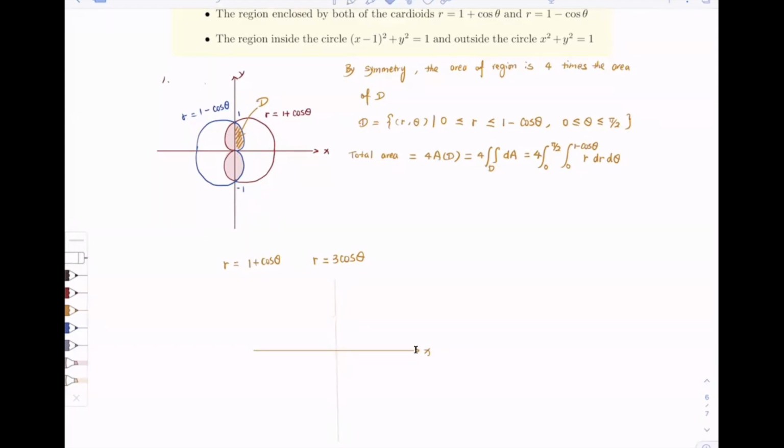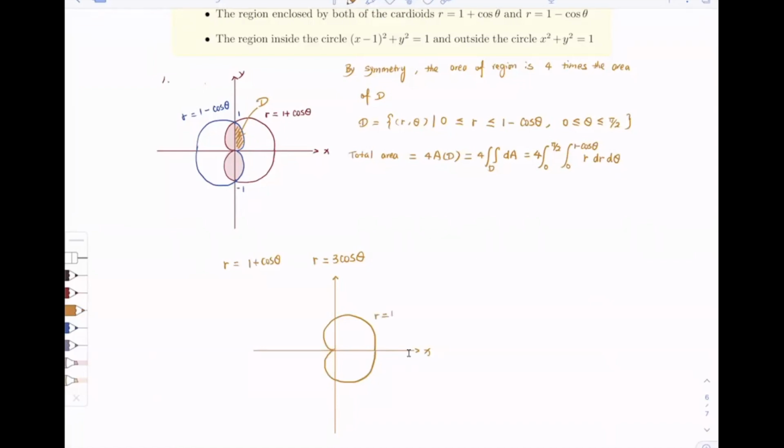Why is it so hard to draw it? Okay, so 1 plus cosine theta is like what we drew before.